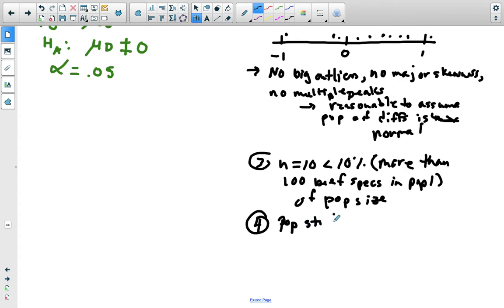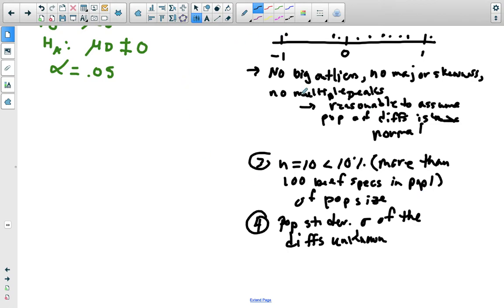And then finally, we have the population standard deviation sigma of the differences. We don't know anything about the population, to be honest. So we don't know this for sure, it is unknown. So since this is unknown, we will use a t-distribution.